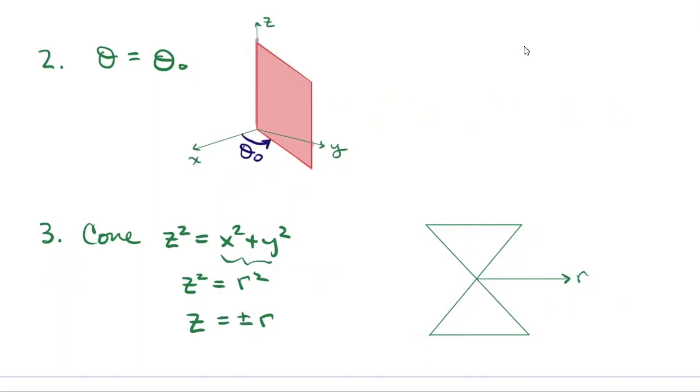And so if that was an r axis, and then vertically I had a z axis, it would come up. So here's z, and then this side on the right would be z equals r in the zr plane. And of course the other would be z equals negative r.